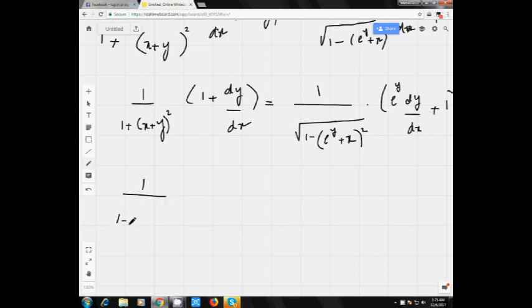Apply the distributive law of multiplication over addition here.